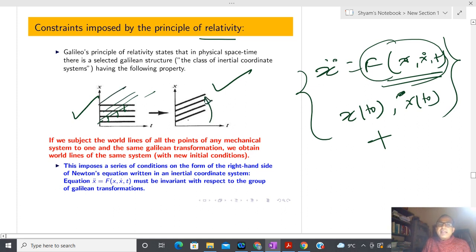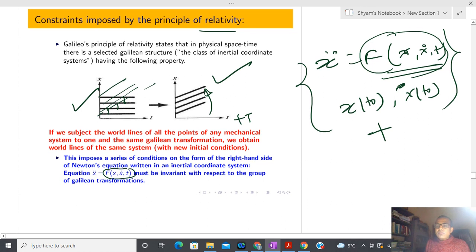And after that I am translating, means either you can do the experiment at t or at t plus t, the curve remains the same, and after that I am moving with uniform velocity. So due to that reason, we have given this kind of pictorial view here. Now this imposes a lot of constraints, because I have to make sure that on the right hand side, whatever law I am predicting remains invariant with respect to this kind of space.